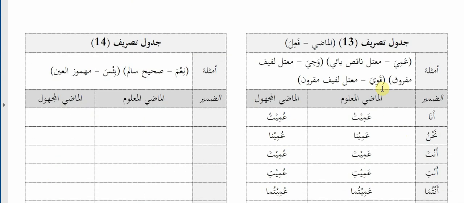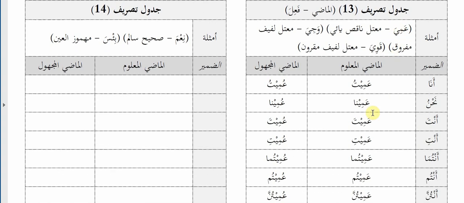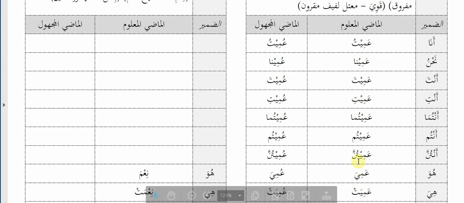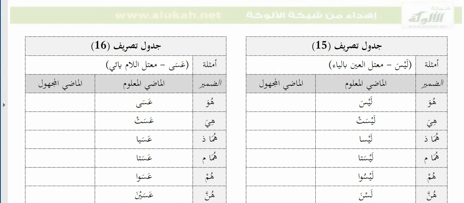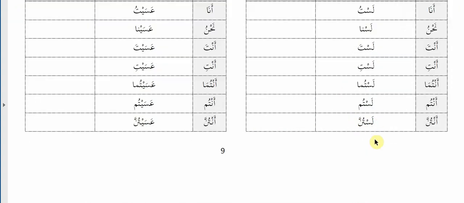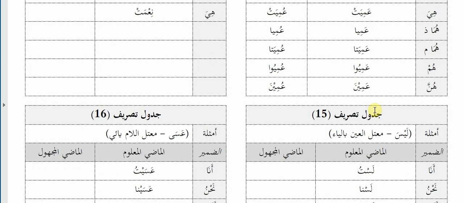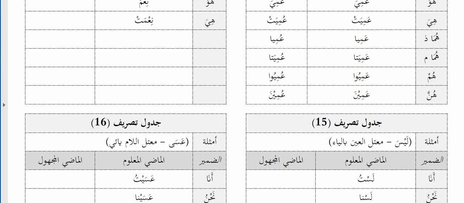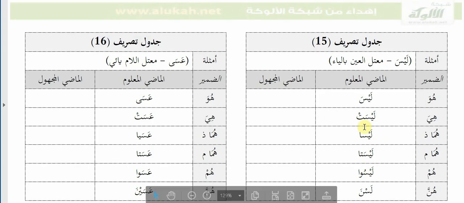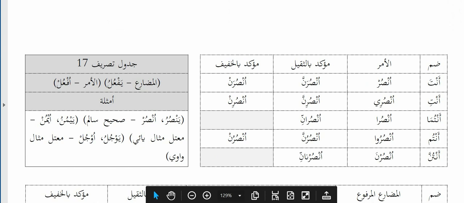Now you see the last letter on the root, it stays there. You see how it stays there? Then he gives you some of these, they're called fixed verbs. They're not changing, they stay the same, but they're considered verbs nevertheless. But that's a discussion for another day. That's a table for these.